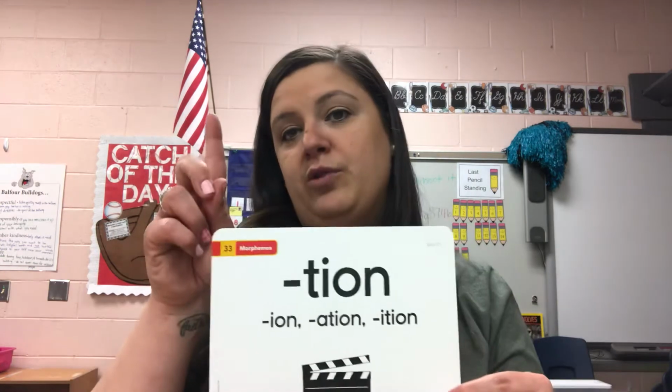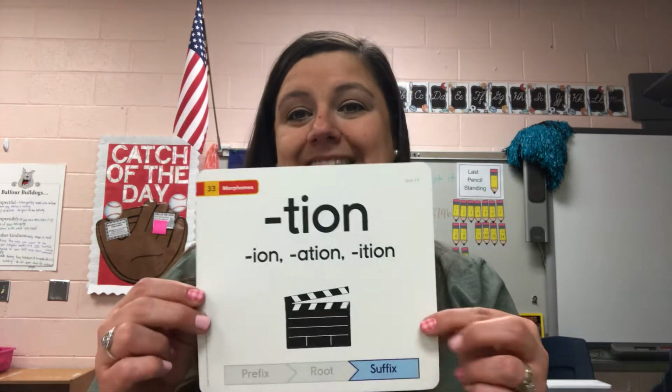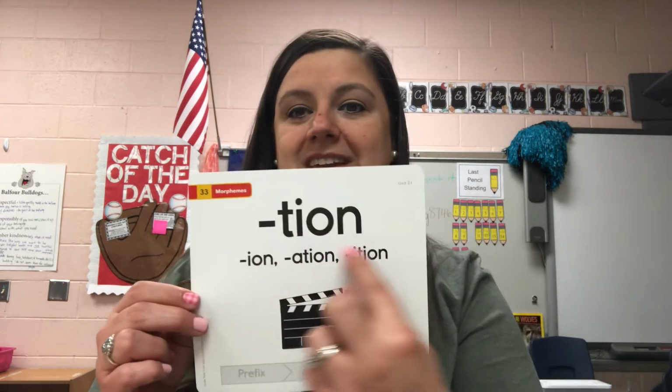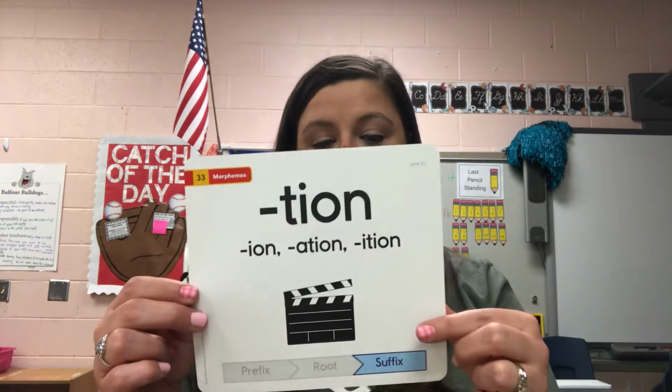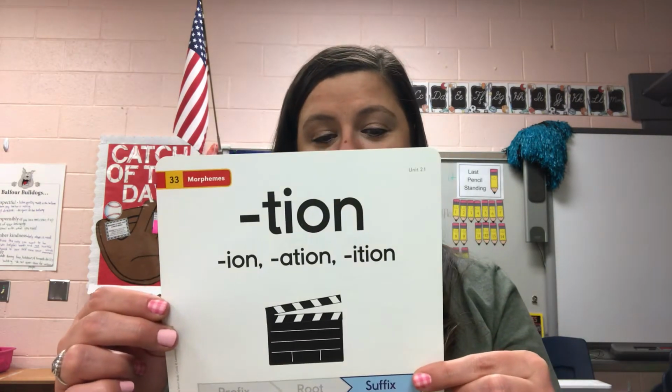Now, there's one more rule I want to review because you're going to see this sometimes when you add the suffix to the end of the word. The perfect example that we just saw was locate. Locate is spelled L-O-C-A-T-E. But when you add a shun to the end, what letter do we drop?